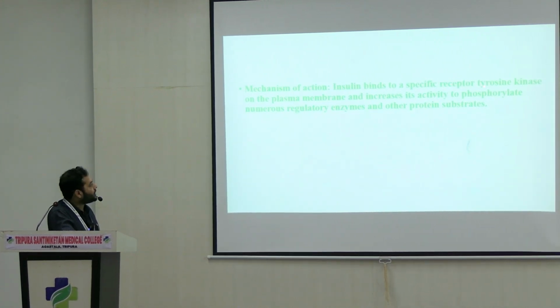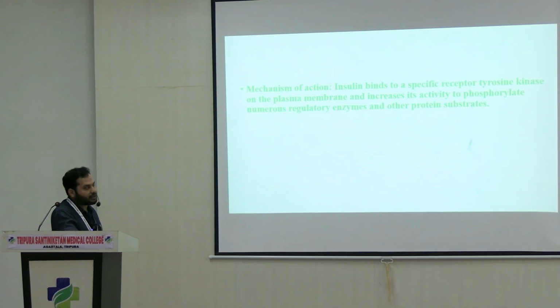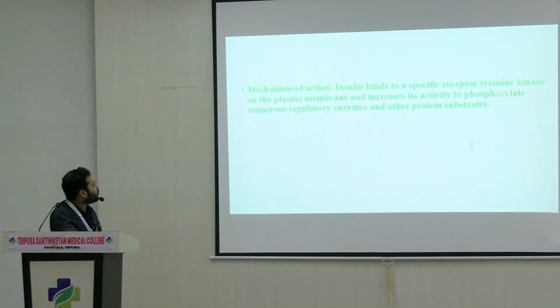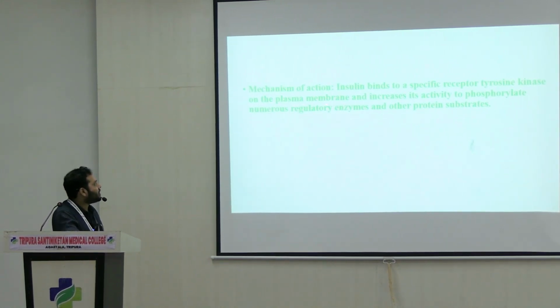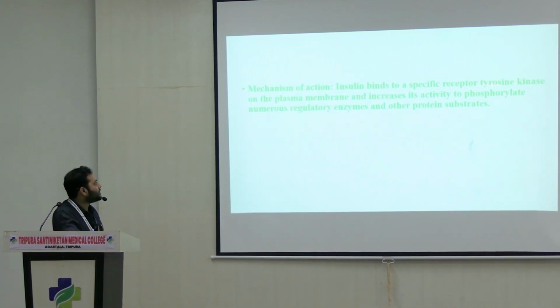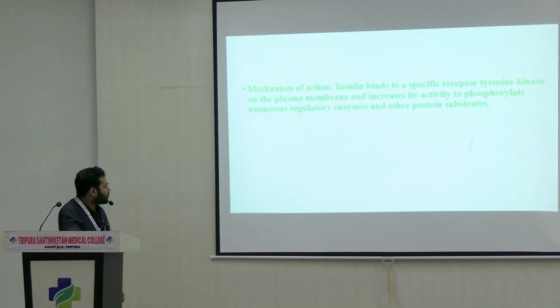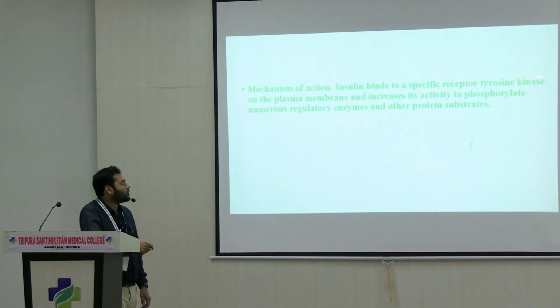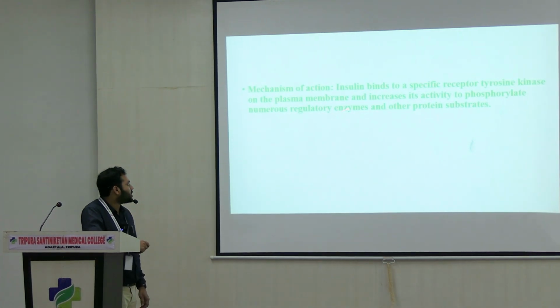The name of that receptor is receptor tyrosine kinase, and it is present in the plasma membrane. So once insulin binds to the receptor tyrosine kinase, there is an increase in phosphorylation activity, and that phosphorylation leads to the regulation of different types of enzymes and protein substrates.